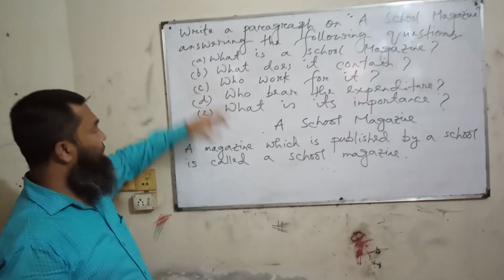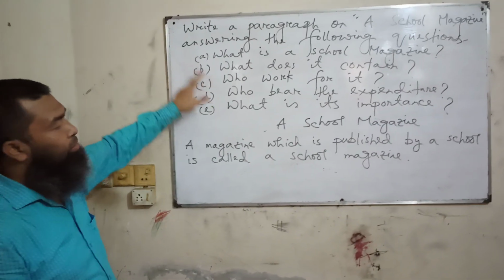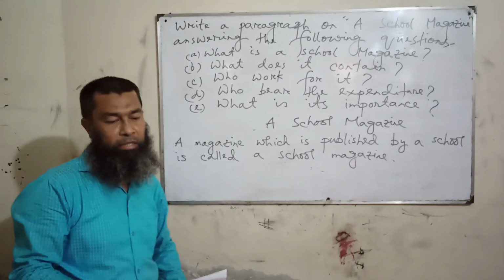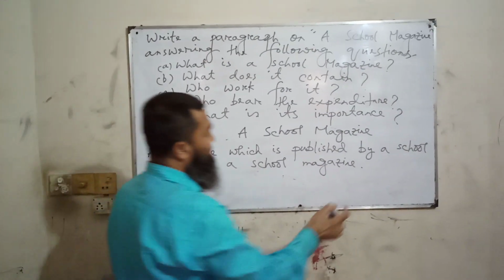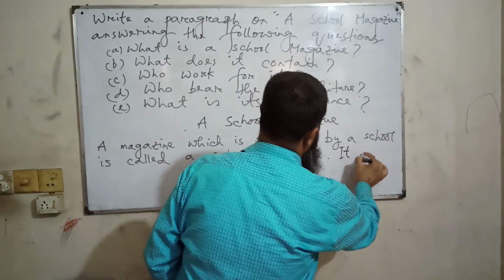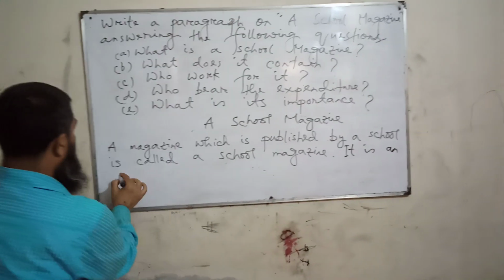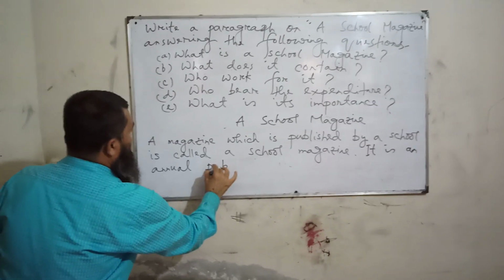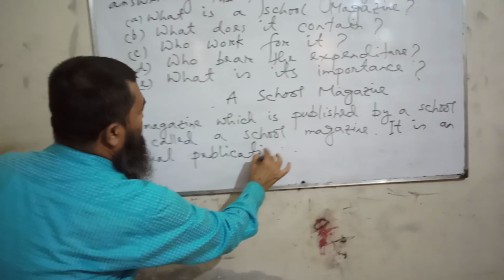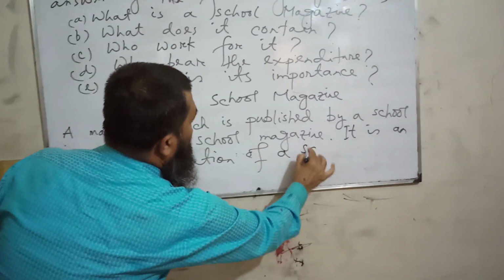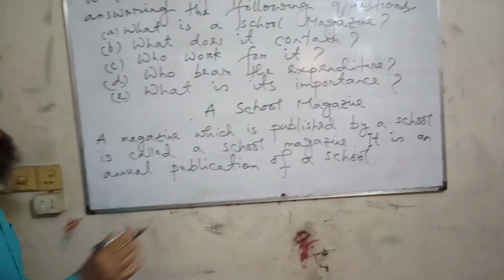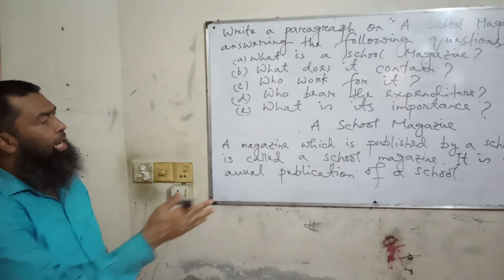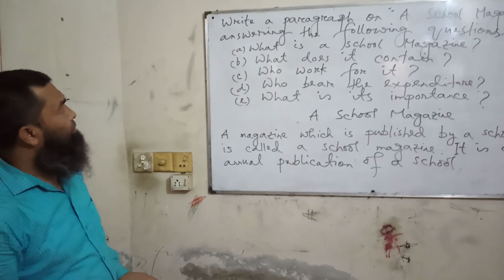It does not mean that you will write only one sentence. No, related to this sentence, you can write two or three more sentences, no problem. So here you can also write: it is an annual publication of a school. You may write another sentence related to your first sentence.